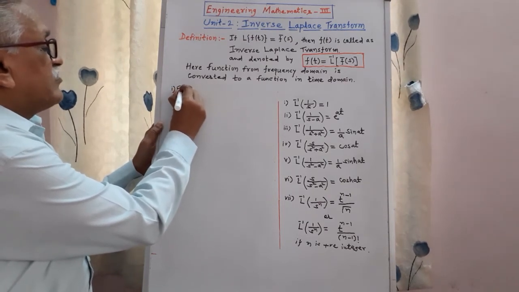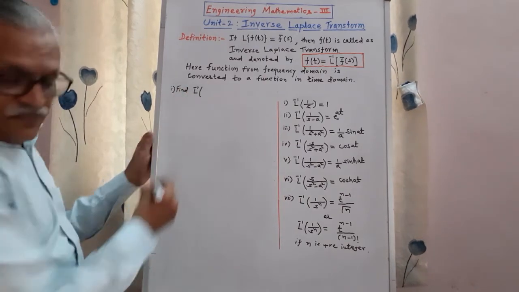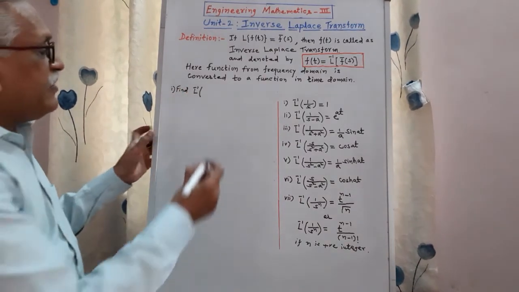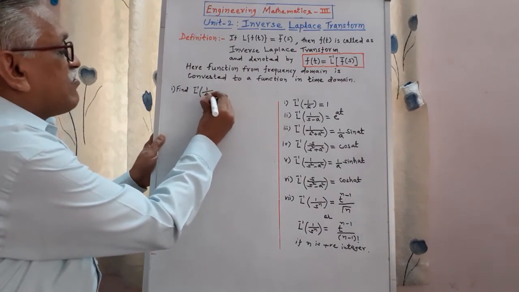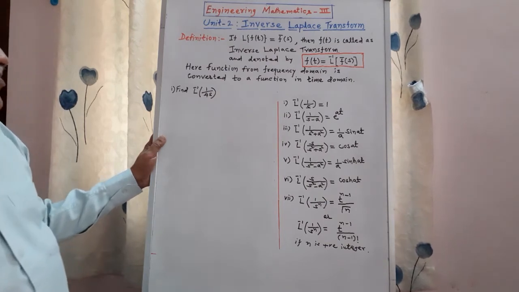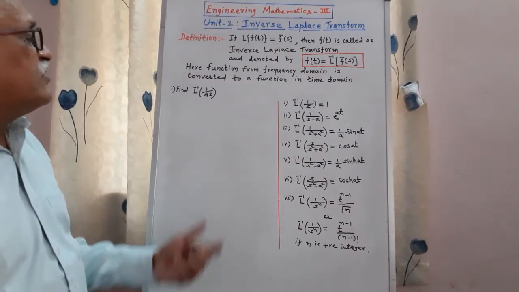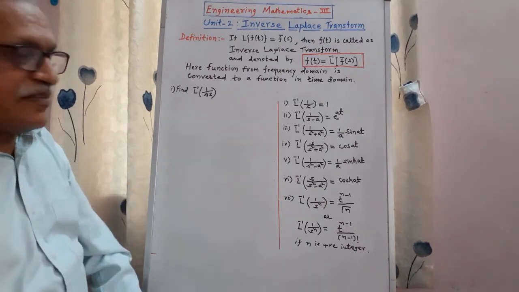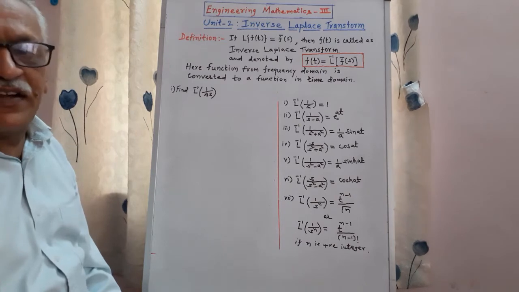Find inverse Laplace of 1 by 4s. To find this inverse Laplace, we can use the linearity property.